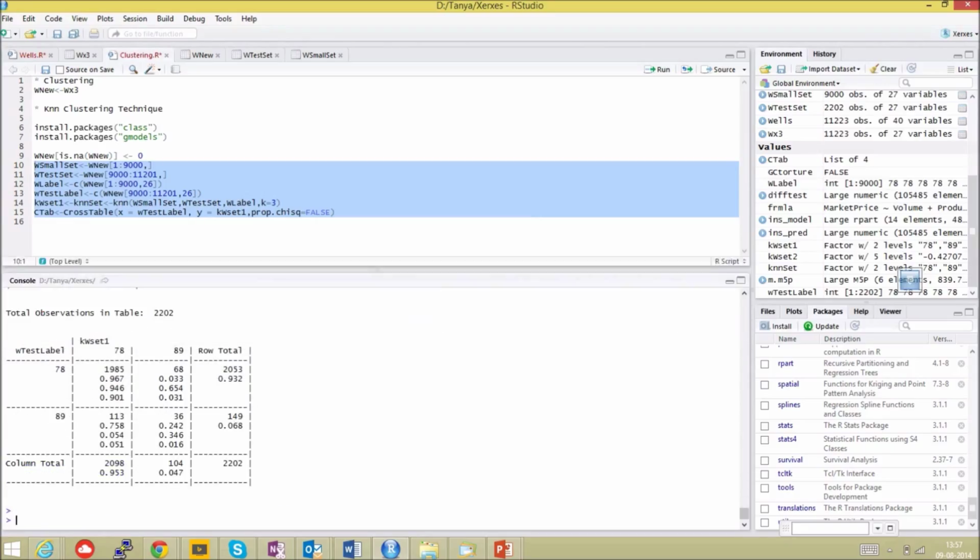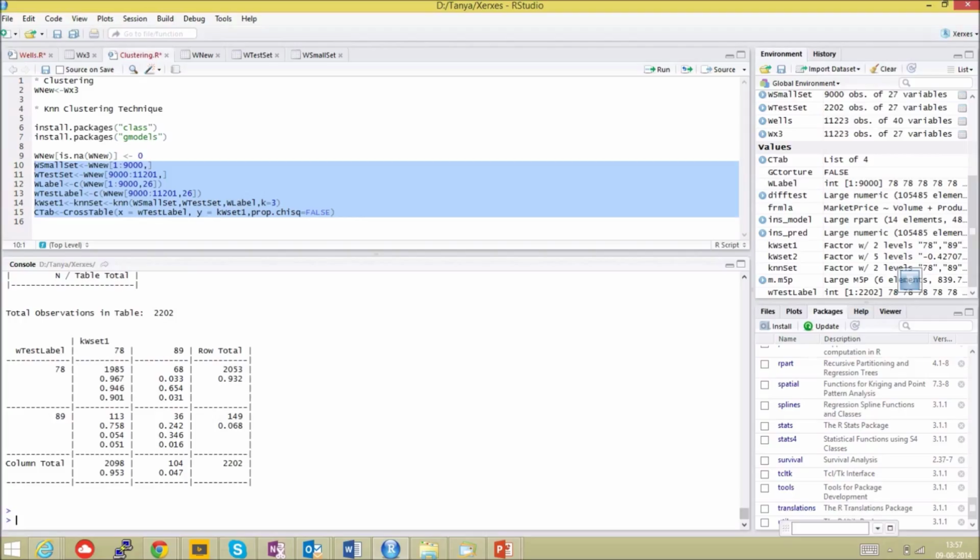Okay, so here is my data. One thing is that most of the algorithms within machine learning do not understand, or do not want to spend the time understanding, alphanumeric data.